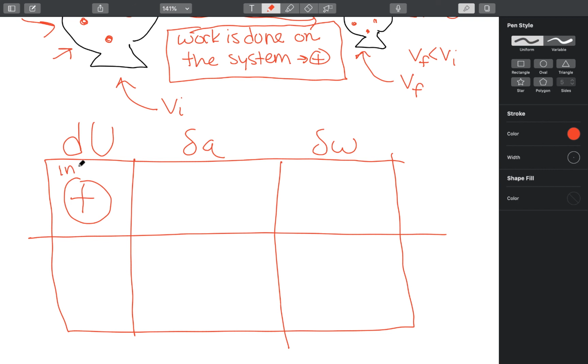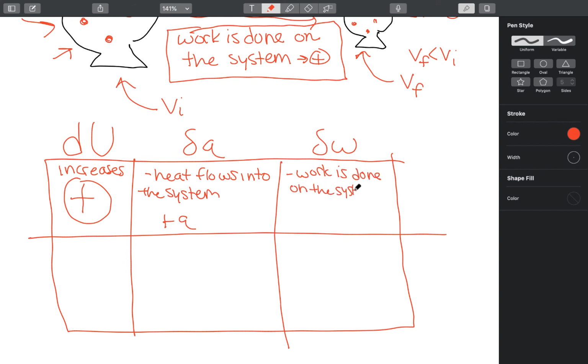So we have an increasing internal energy when heat flows into the system, and this would be a positive Q. And when work is done on the system, so this would be a compression, this would be a positive work value.